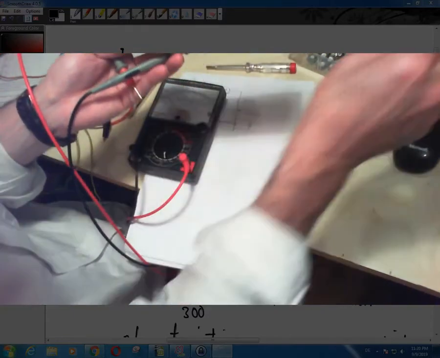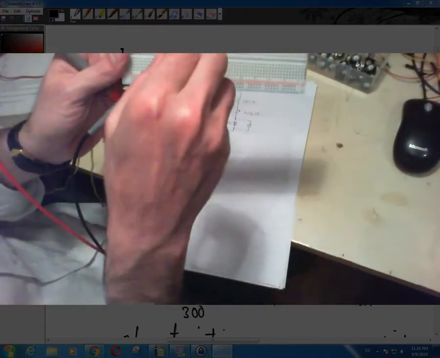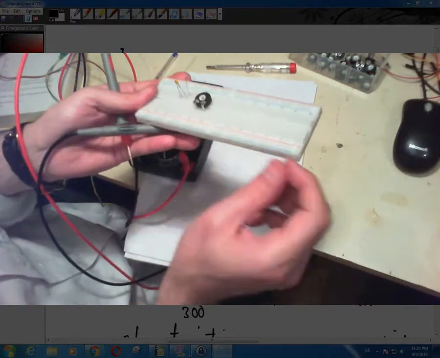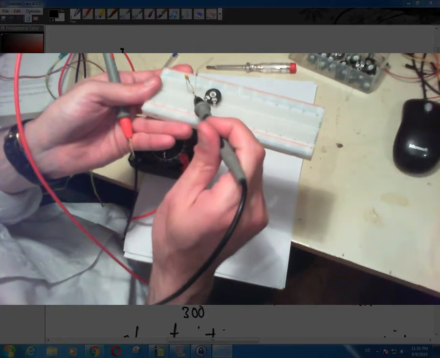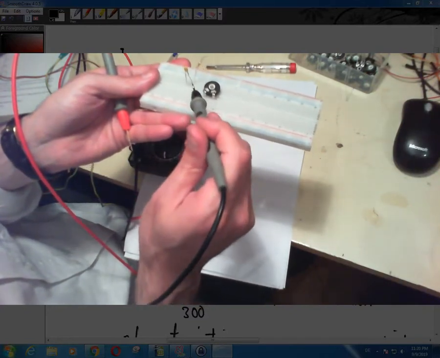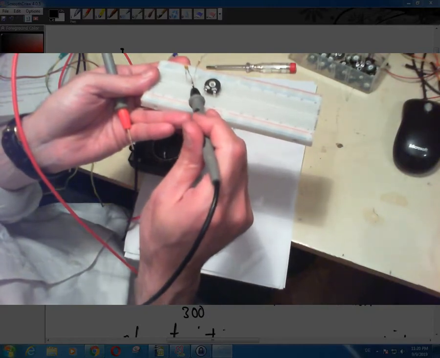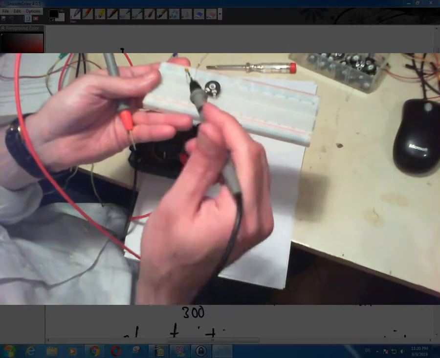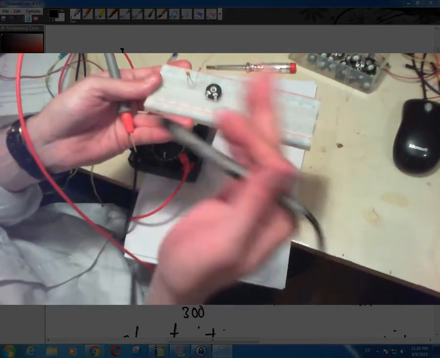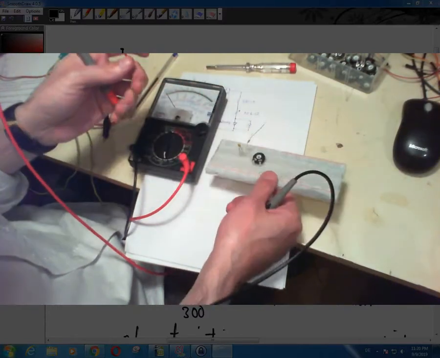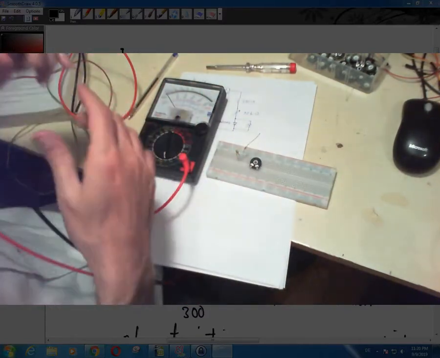Now if I connect a resistor in the same column as one of the leads of the capacitor, this resistor is connected to one of the leads of this capacitor, and then you can connect the other lead to something else, and so on and so forth. So that's basically how you use a breadboard.